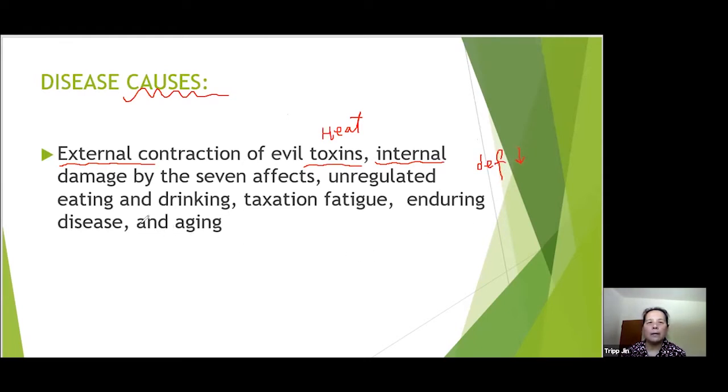This kind of deficiency may be caused by the seven emotions, by eating improperly, by overworking and fatigue, or by long-term illness that causes body deficiency, and even by aging. When people get old, their heart or kidney, including spleen and lung, will have different degrees of deficiency.